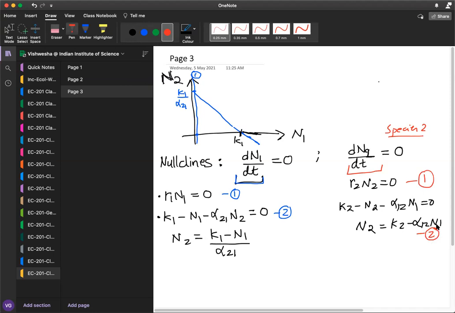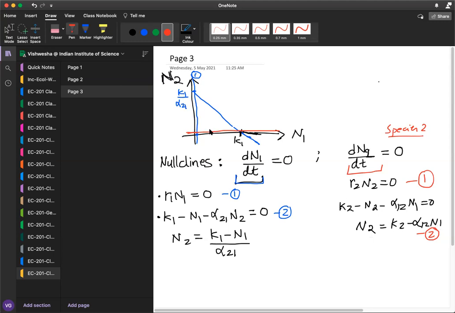So let's write down the first null line for species 2. That's basically N2 is equal to 0, which is the x-axis. What's the second null line? The second null line is N2 is equal to K2 minus alpha 1, 2 N1. So when N1 is 0, it's K2.